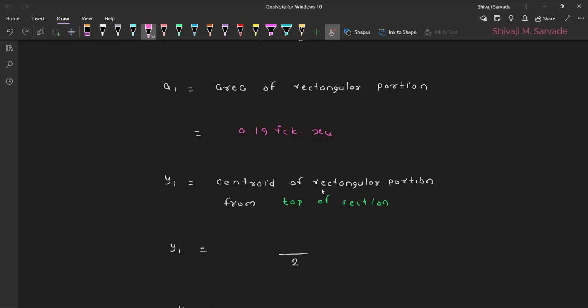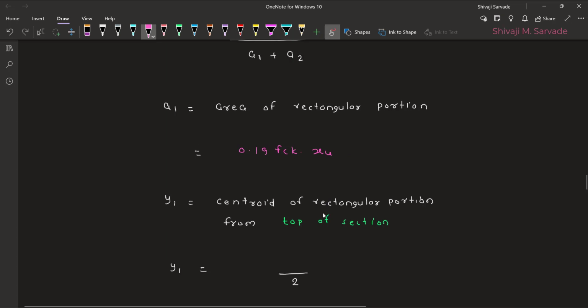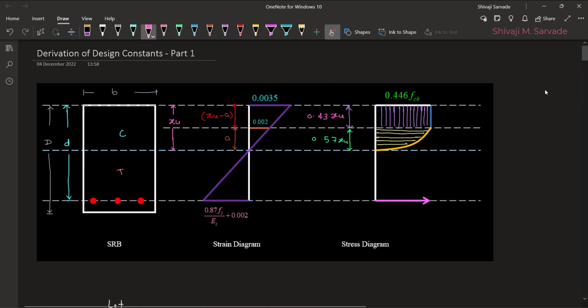Now the centroid of the rectangular portion from the top of the section would be half of the height. If you see, the height of the rectangular portion is 0.43 XU. Divided by 2 would be the centroid of this rectangular portion.